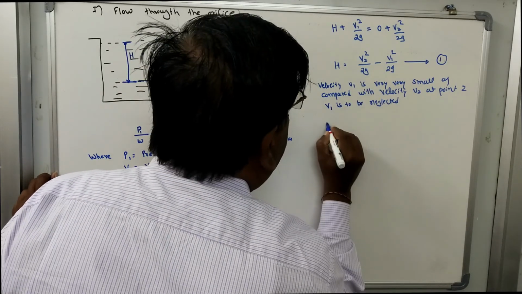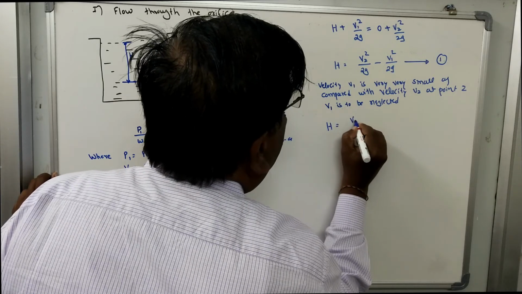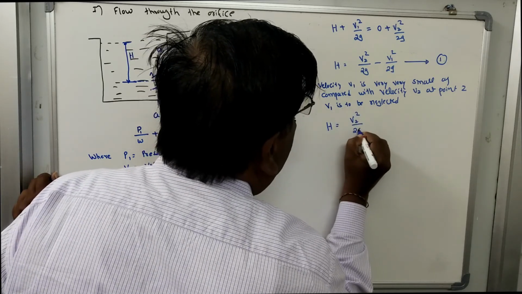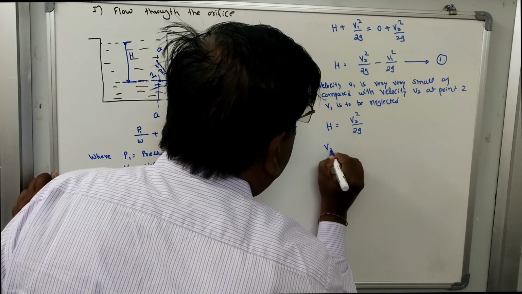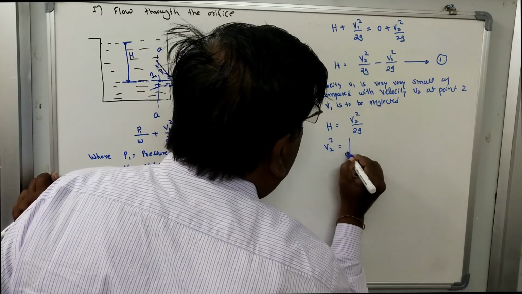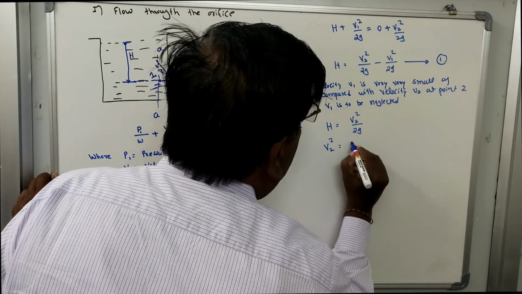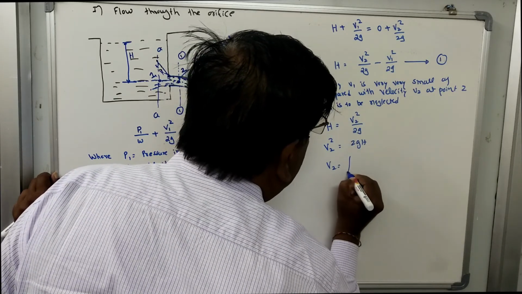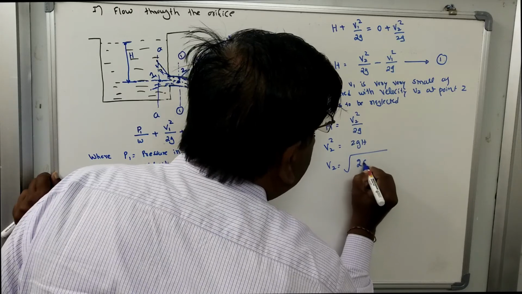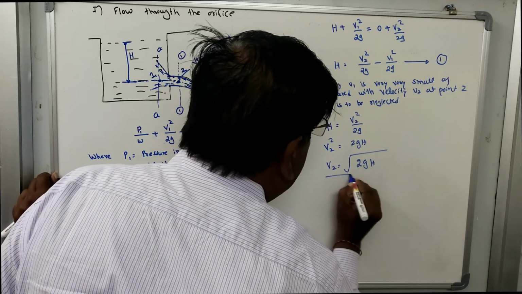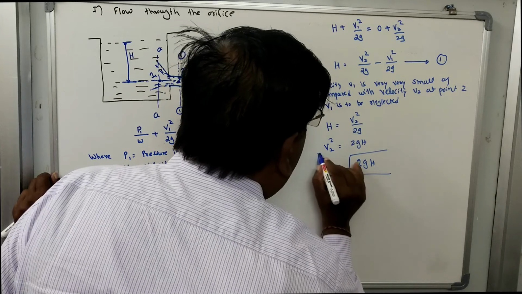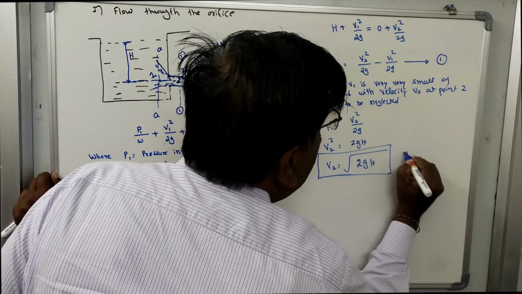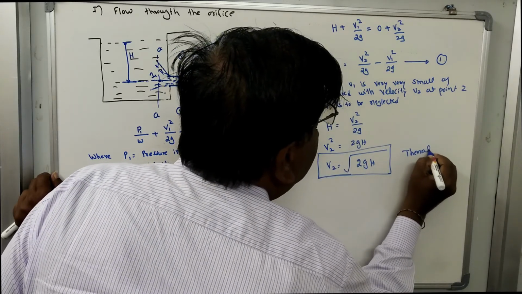When it is neglected, H is equal to V2 square by 2g, or V2 square is equal to 2gH, or V2 is equal to the square root of 2gH. This velocity of the orifice is called the theoretical velocity.